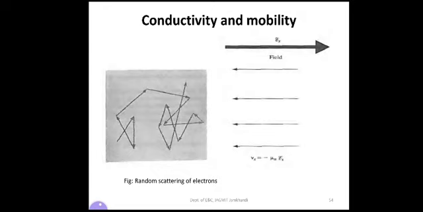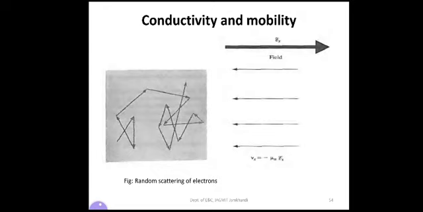There is no exact direction, and the electron may not come back to its starting point after some time. So the random motion of an electron is shown in the first figure, and the second figure shows the well directed drift velocity with an applied electric field.